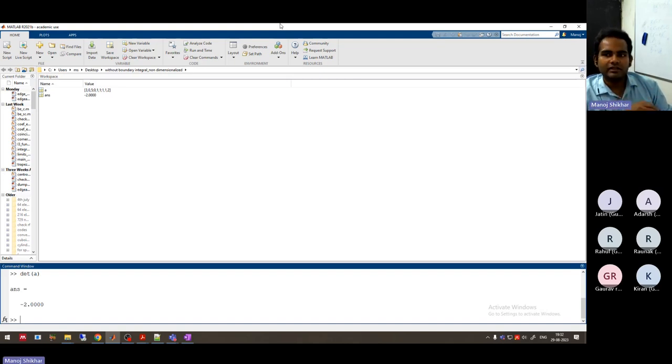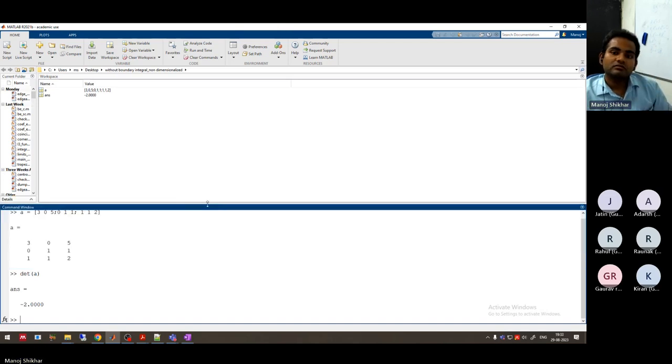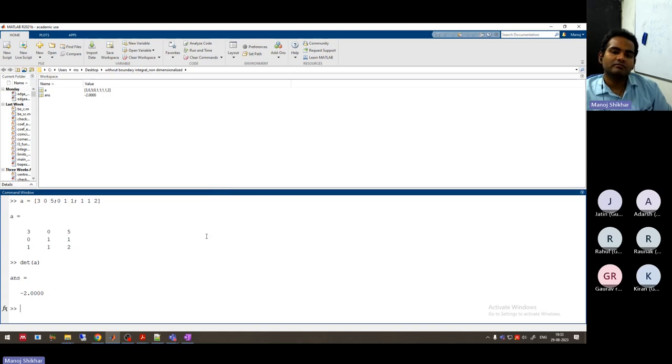For me, coding actually helped me to visualize different things. It helped me to check whether my answers are correct or not more easily. For example, I checked if the determinant of F was coming to be positive or not, and I realized it is -2.